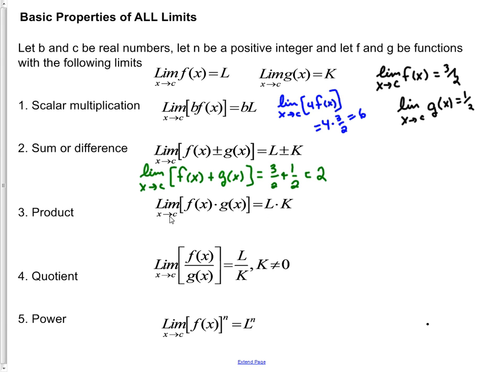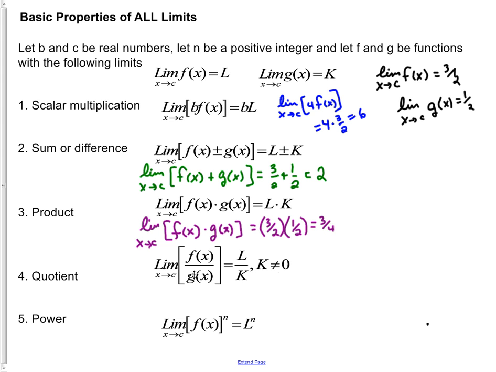So once again, our limit as x approaches c of the functions f of x times g of x in our example above is going to be the product of our limits 3/2 and 1/2, which is to say 3/4. If we multiply these together, 3 times 1 is 3, 2 times 2 is 4, so 3/4.